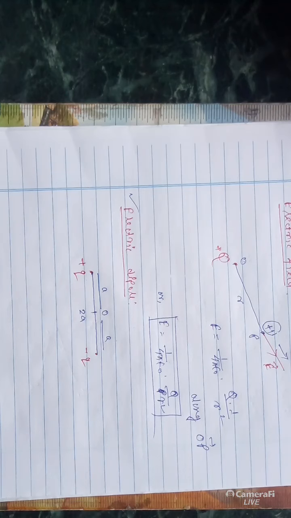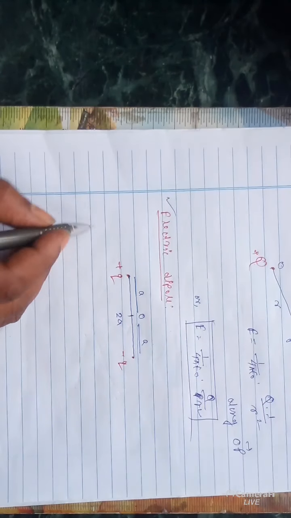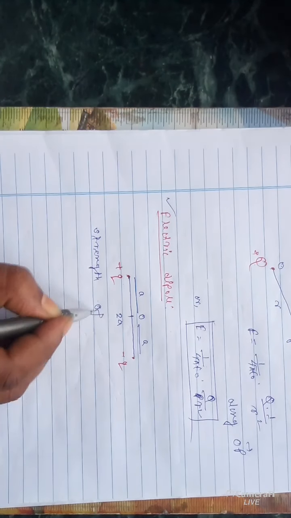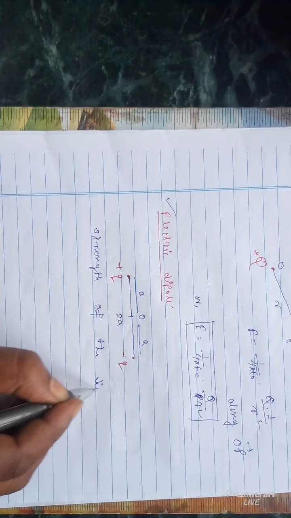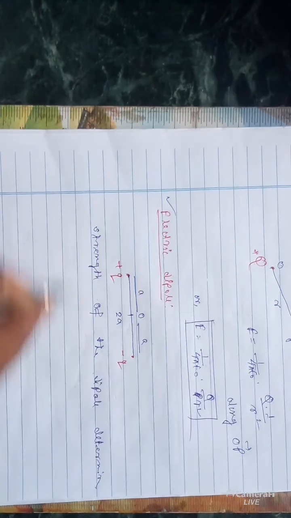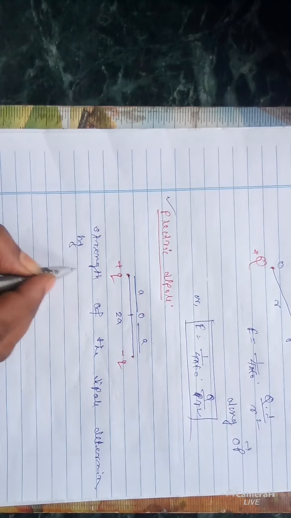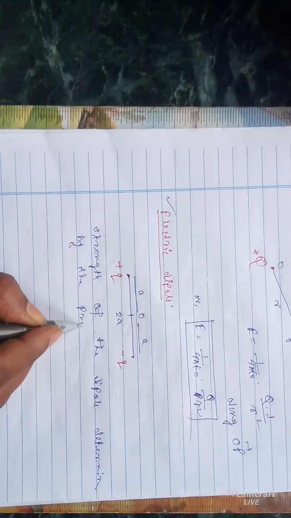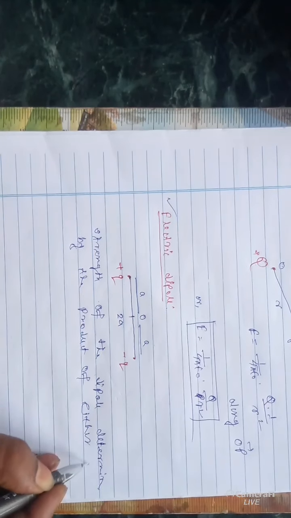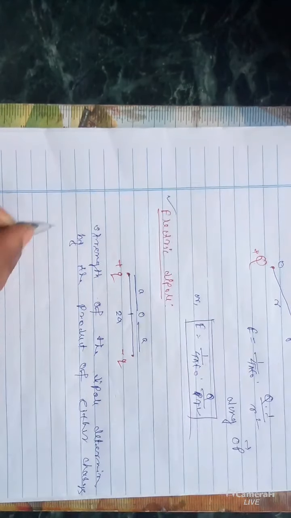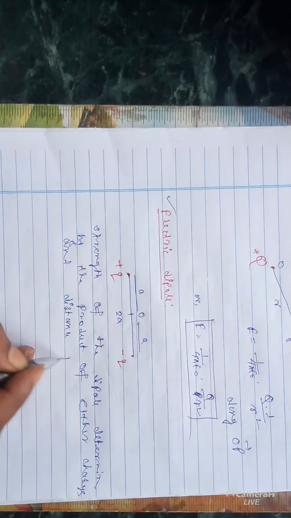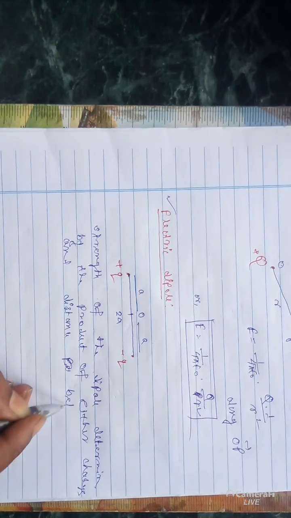Now the strength of the dipole is determined by the product of either charge and the distance between them.